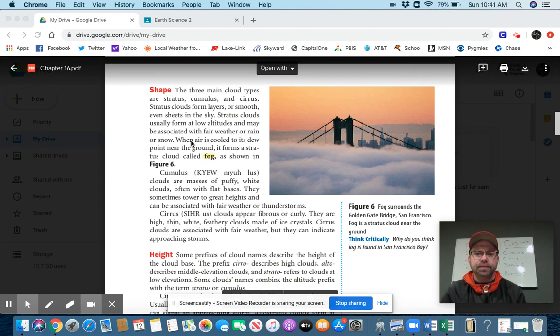Cumulus clouds are often described as cotton balls up in the sky. And when you see them, they're usually associated with fair weather. That means it's nice weather. When I personally say nice weather, I mean cloudy and warm, or I mean sunny-ish and warm-ish. That's nice to me. All right. So cumulus clouds are those cotton bally looking ones up in the sky.